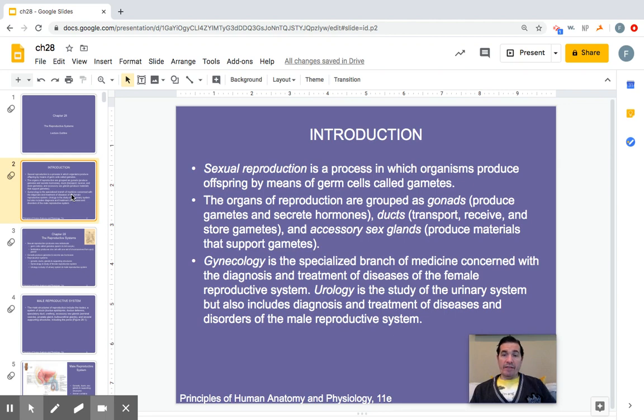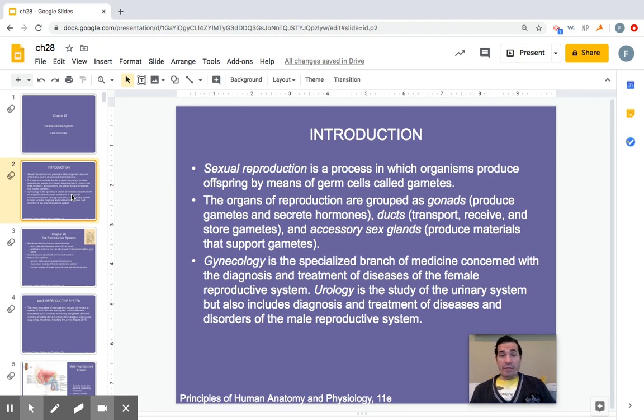True hermaphrodites will have both testes and ovaries, or the products of them, having both types of gametes, which means both the ova or egg from the female and spermatozoa from the male.